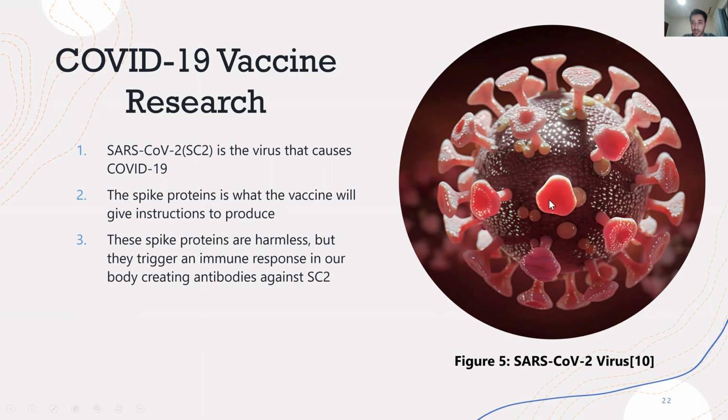The red spikes here are the spike proteins. These spike proteins are harmless, but when they are introduced to the body, the body will respond, and it will produce an immune response in our body, creating antibodies against this SARS-CoV-2.